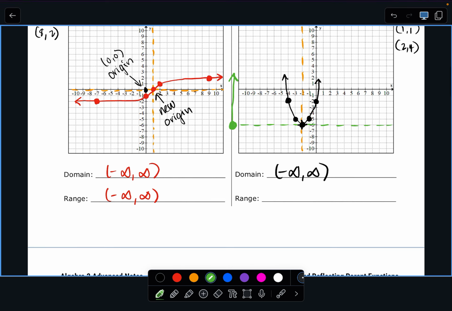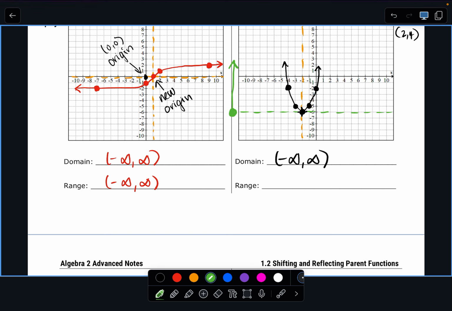So because there is a graph there and because there is a point there, we're going to have a bracket, negative 6. Will this graph have any restrictions? Like, will I ever have a stopping point as I increase? So that means it's going to go all the way up to positive infinity.